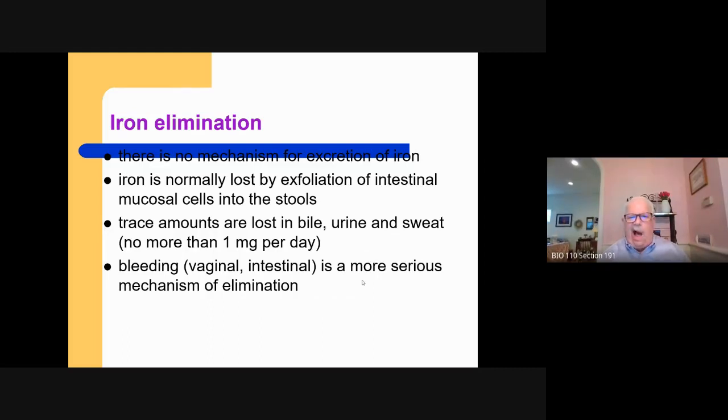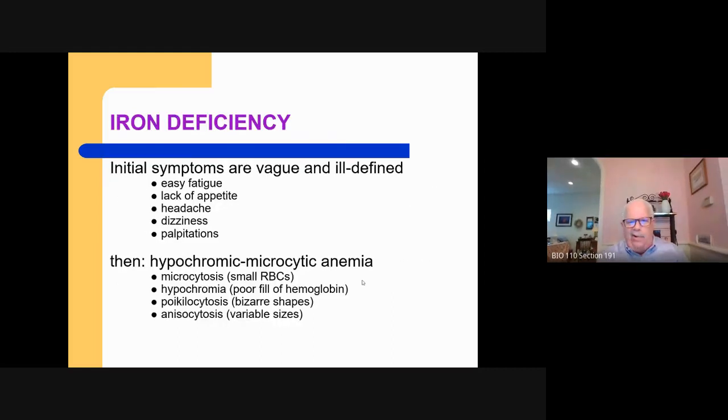So a sign of iron loss in your feces is that you'll have black stool. So that's important. Okay? An iron deficiency will cause you to be anemic. It'll cause you to have fatigue, dizziness.